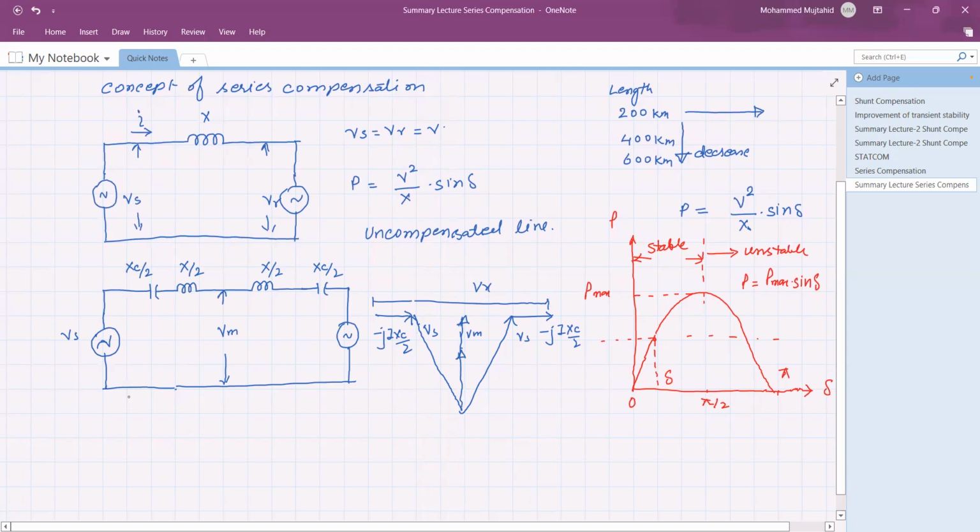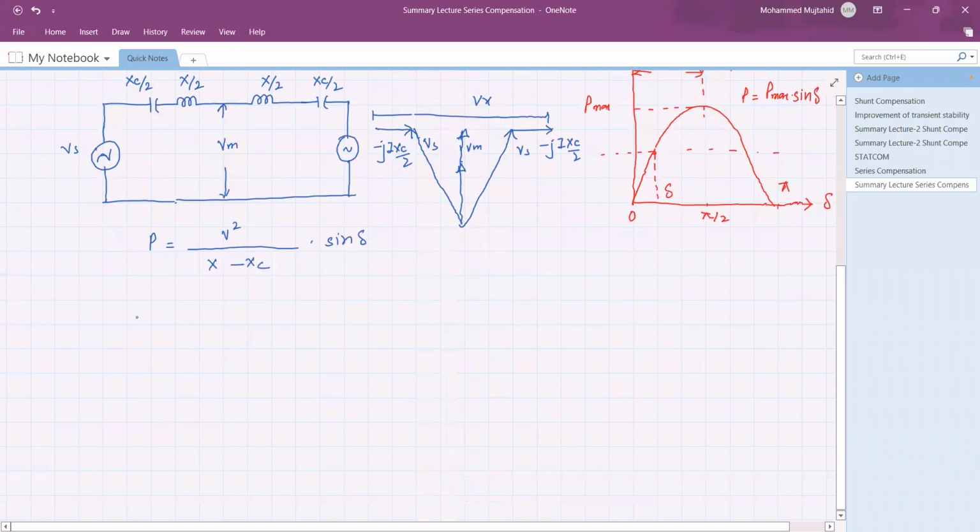Here the power can be written as P is equal to V square, as the magnitude of voltages Vs and Vr is the same, upon X minus Xc into sine delta, where X is the reactance of the transmission line and Xc is the reactance of the capacitor connected in series.